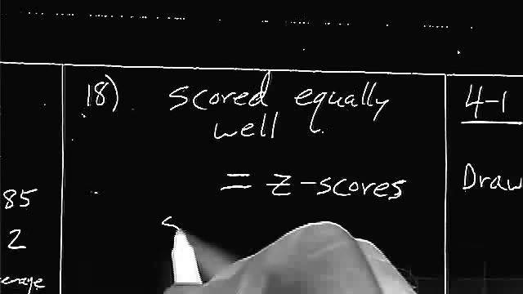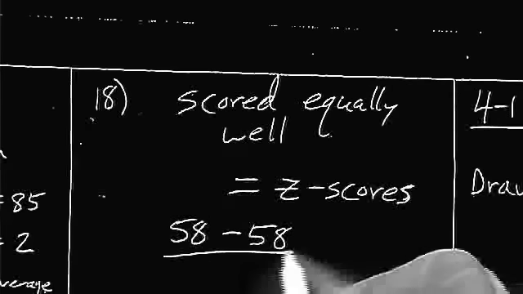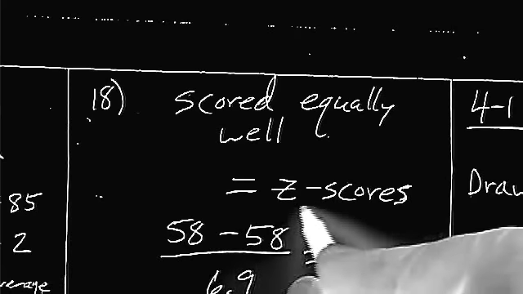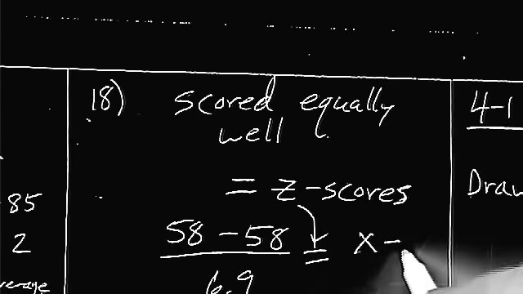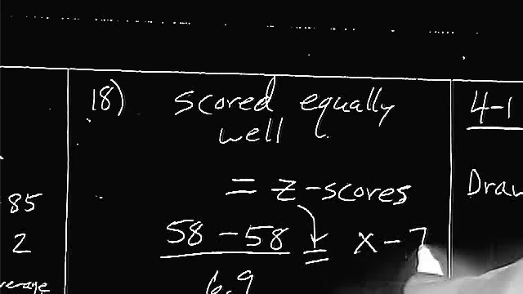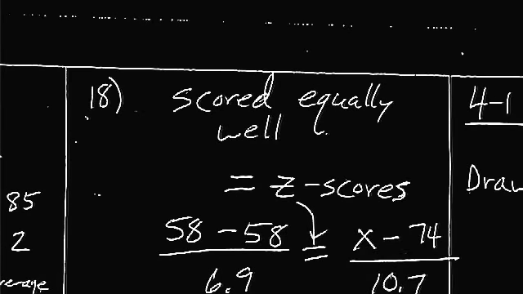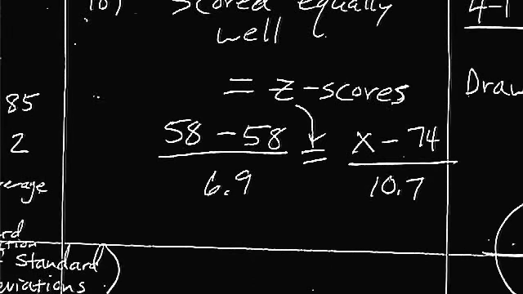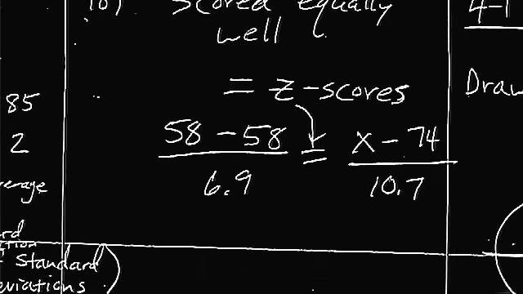So she got a 58 on the physics test, but her z-score was equal. So a little cross multiplication, you should be able to figure that one out. So tell me what she got on her test. What was her actual score?